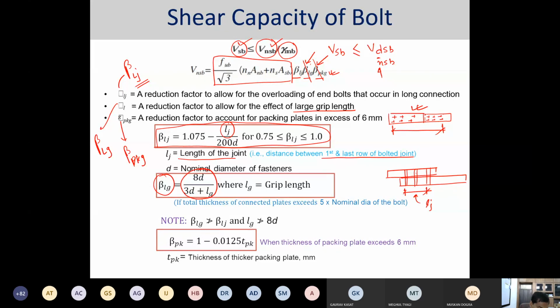Similarly, if you have a packing plate or packing thickness, whoever has raised the question, we will come back over here when we solve a particular problem to identify the effect of this packing plate. For the time being, please consider this factor for reduction of the nominal shear strength, and later when we go back to the problem solution, we can discuss much more.